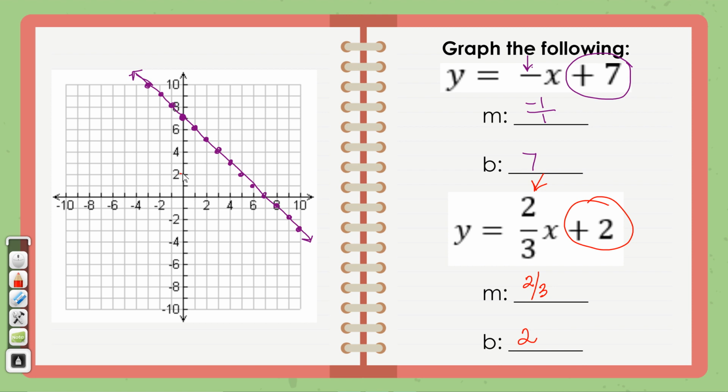So I'm going to start my graph at positive 2. And I'm going to rise 2, run 3. There's already a point there, so I'm just writing over it. Then rise 2, run 3. And then reverse. Down 2, left 3.